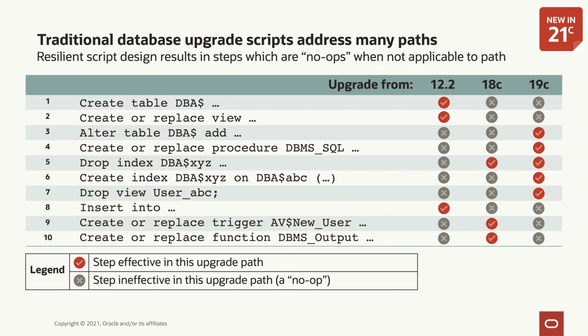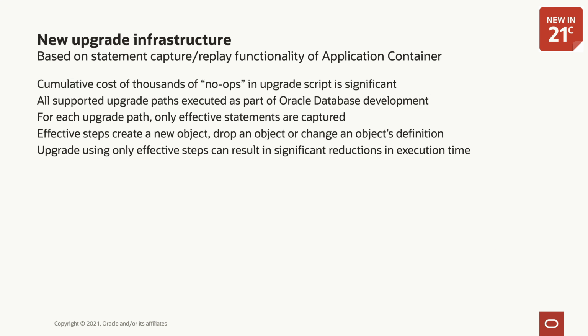In this simplistic illustration, we're only showing 10 steps. Of these, between 5 and 7 are no-ops, depending on the upgrade path. That's not a big deal. Realistically though, a typical upgrade can involve thousands of steps, and the aggregate cost of all these no-ops is quite significant. The new upgrade infrastructure, introduced with Oracle Database 21c, improves performance by eliminating no-ops from the upgrade path.